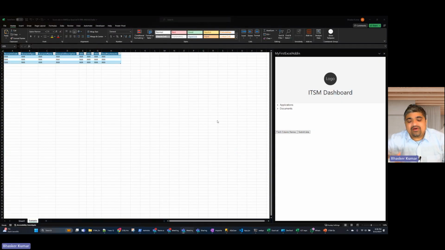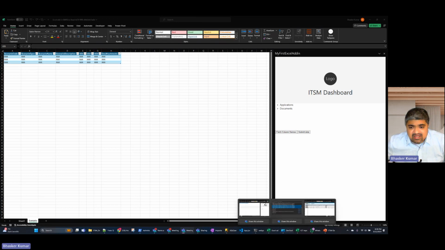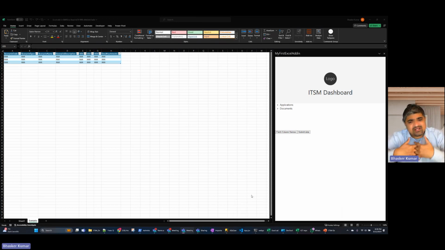Per Power App user, it will cost you around $4 to $5 if you want to implement this solution on Power App. And even if you have implemented it on Power App, the integration with Excel is not tight. Eventually, you will need to build some kind of Excel tool where people can bulk input their data, 100 records, 200 records, and then you'll have to load it into Power App through a Power Automate flow or something.